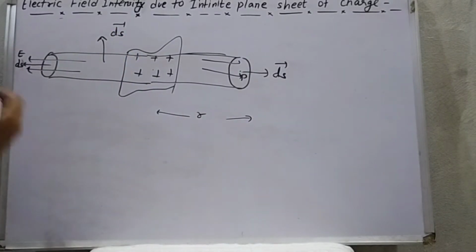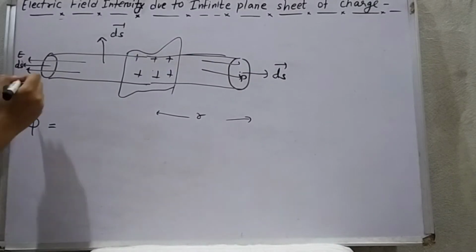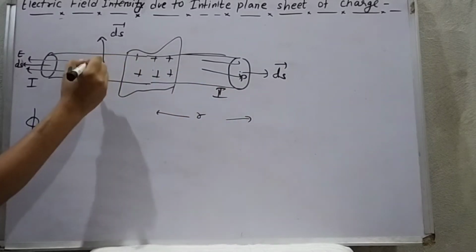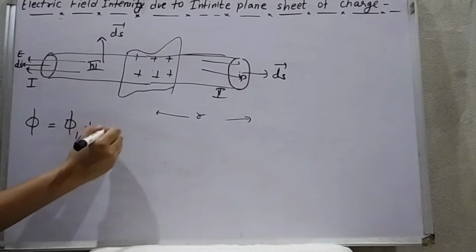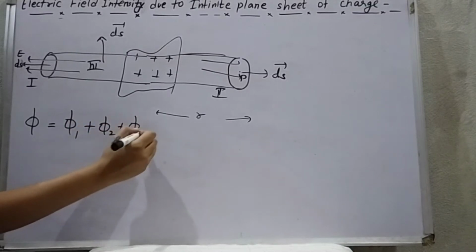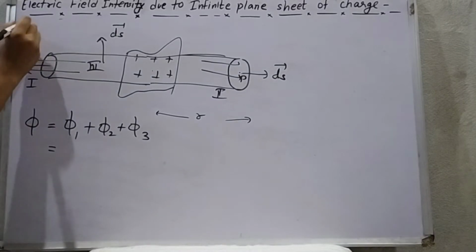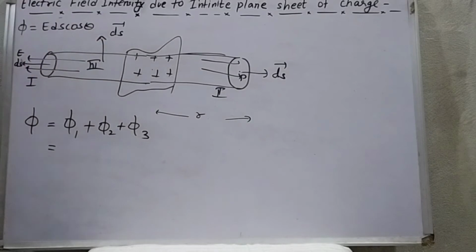Now we will calculate the total electric flux here. Let us take this the first surface, this is the second surface, and this is the third surface. So phi 1 plus phi 2 plus phi 3. Now the formula for the electric flux is E ds cos theta.